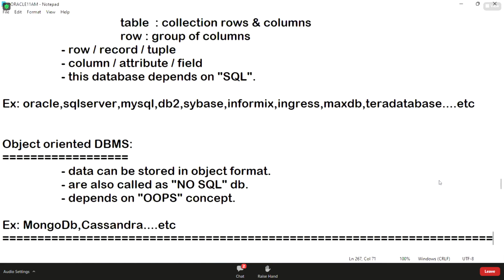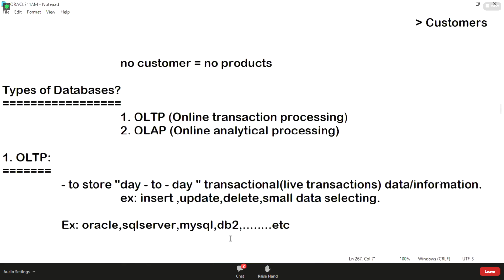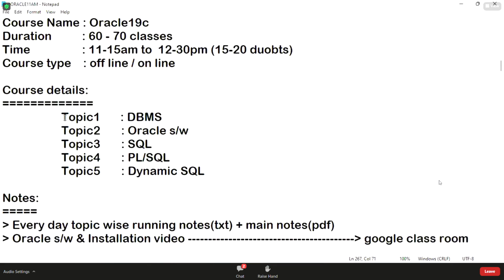So now we will move into Oracle. Your topic number 1, what did we say? I took 2 sessions on what we wanted to learn. We are not discussing the entire DBMS, only what we want for our Oracle purpose, the story behind it. Now the next one is very important for you.